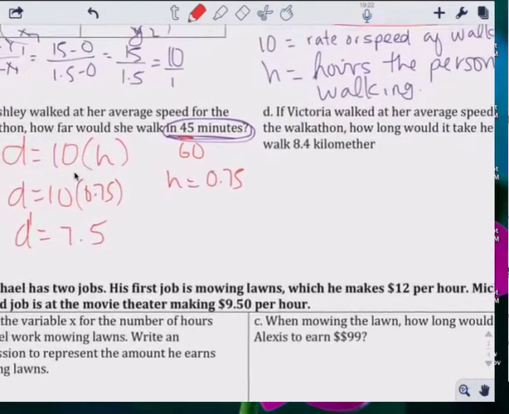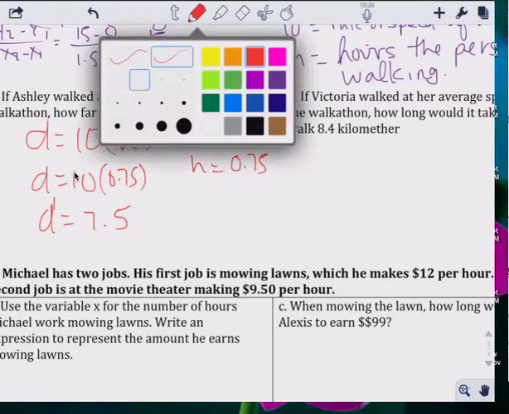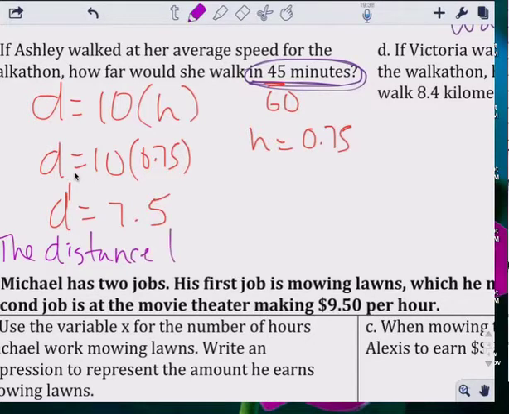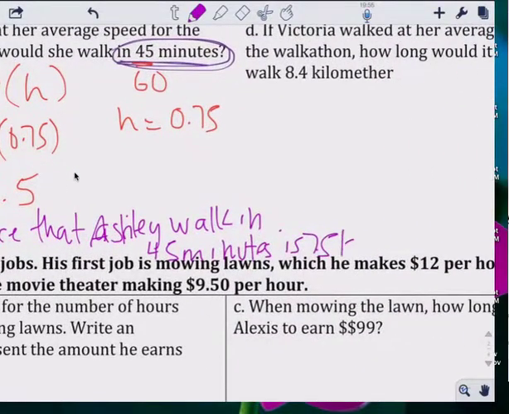So the distance that Ashley walked in 45 minutes is 7.5 kilometers. Okay?